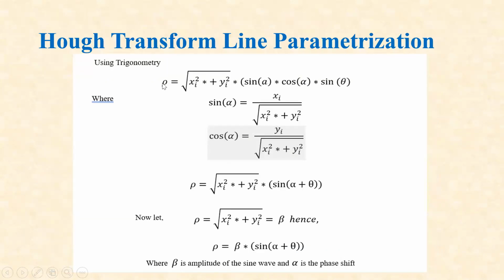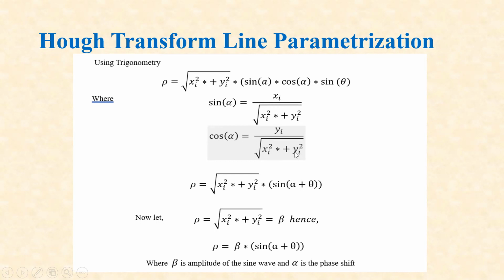Then from trigonometry, we know sine alpha times cos alpha and times sine theta. Then you multiply by the origin, you'll get the rho. So this is the sine alpha is equal to that.